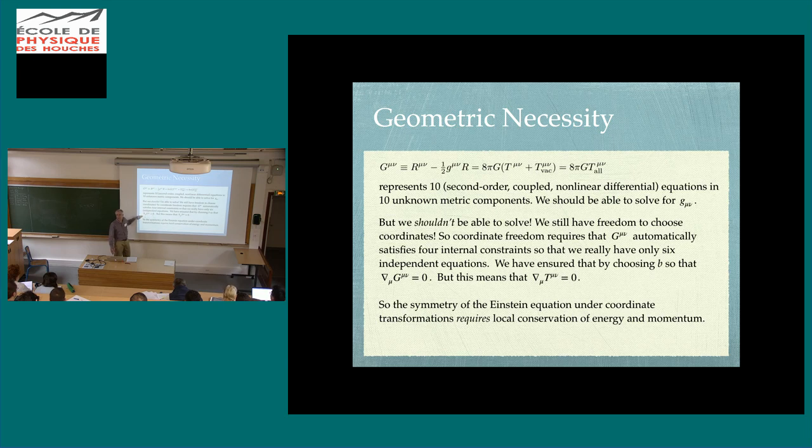There are 4 equations that this solves automatically. 4 equations of constraint, that just the construction of the metric tensor means that there are these 4 internal equations of constraint. So I only have 6 equations left over, which gives me 4 degrees of freedom to choose coordinates.